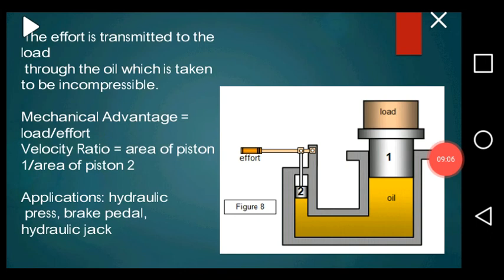Mechanical advantage, velocity ratio, and efficiency are terms that describe the workability of a machine. Mechanical advantage is the ratio of the load to the effort, while velocity ratio is the distance moved by the effort to the distance moved by the load at the same time in the machine.